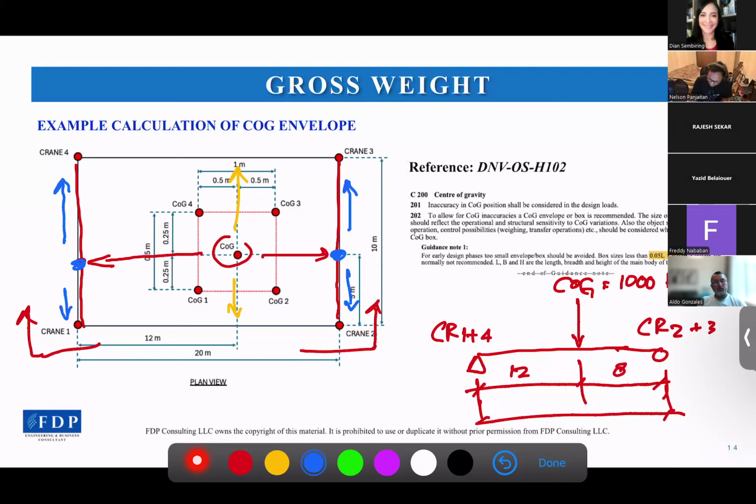Also same with the indeterminate static calculation. By looking in this direction, we can simplify it and it becomes like this. Now this is no longer the COG, but it's a reaction of crane 2 plus 4, and then this point is crane 1.